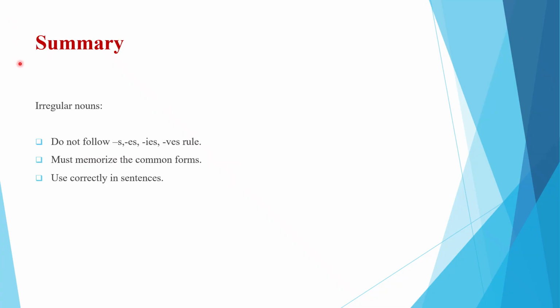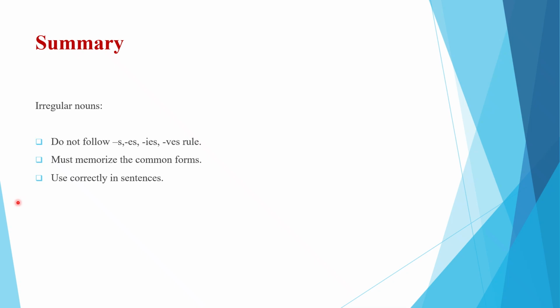So, as we come to the end of our lesson today, I want to take you through the summary of what we have been talking about in irregular nouns. You need to remember that irregular nouns do not follow a formula, so we are not going to add the s or es, ies, ves, so we don't apply that rule. Then it is important to remember that irregular nouns, now that they don't have the formula, you must memorize them, you must practice them, you must learn them.